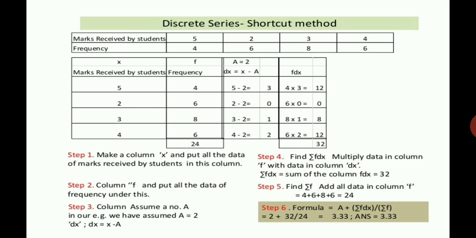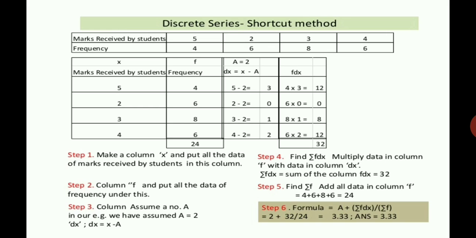The formula used for the calculation of arithmetic mean in discrete series by the shortcut method is x bar is equal to a plus summation f dx upon summation f. Here it is shown in the slide in the dark circle.